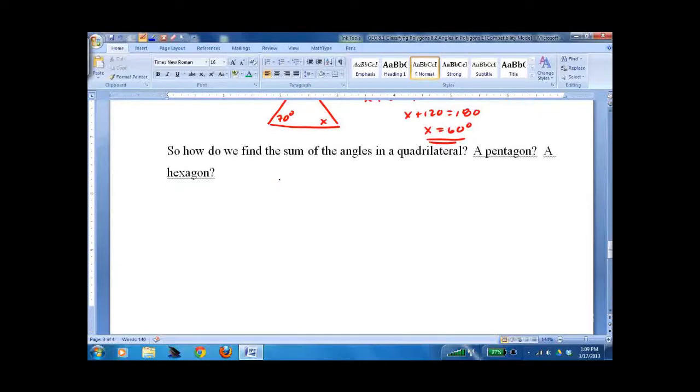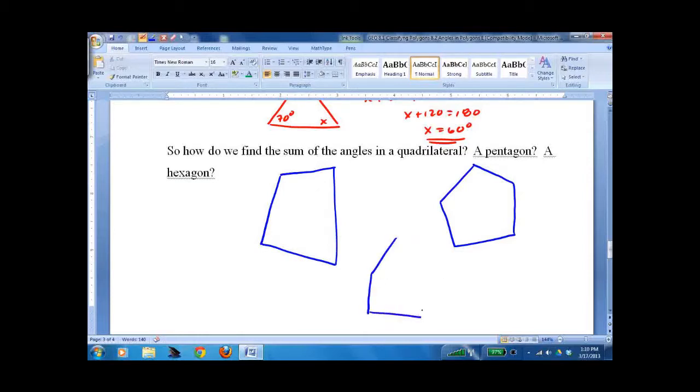So how about a quadrilateral? So I'll make some ugly quadrilateral. Or a pentagon. Or a hexagon. Well, whenever you get those shapes, I have a formula for this, but I really recommend this.